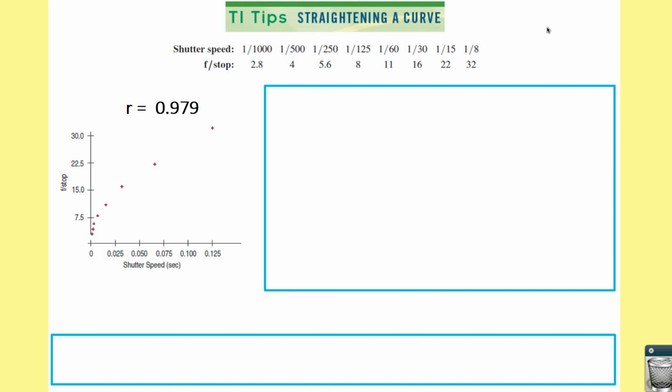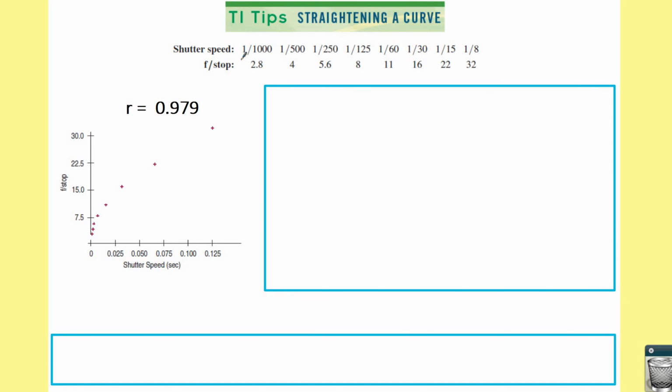Okay, so here for 2.8, you're going to have a very small opening, but for 32, you're going to have a much larger opening. And the shutter speed is how long that f-stop, that light, how long you let the light go into the camera lens.